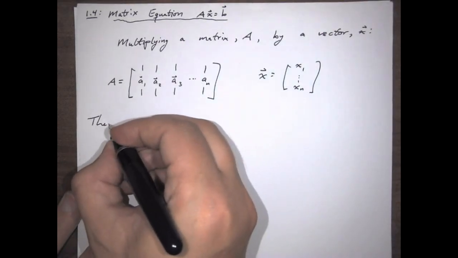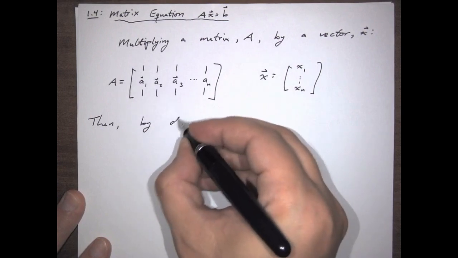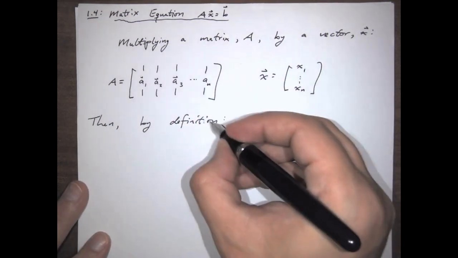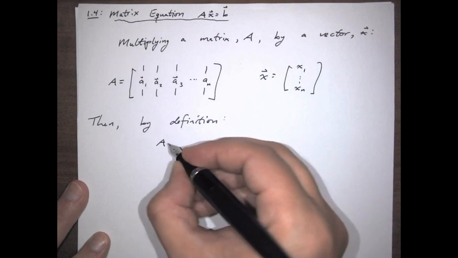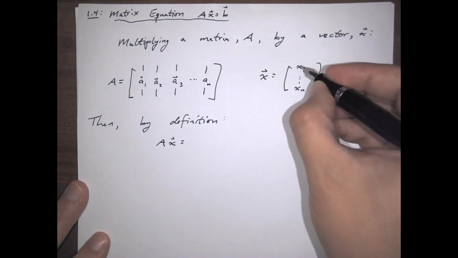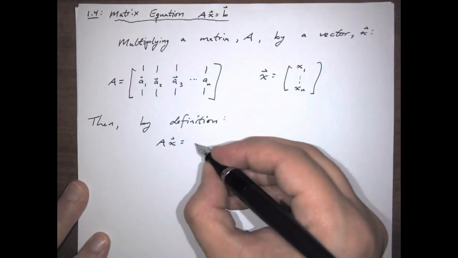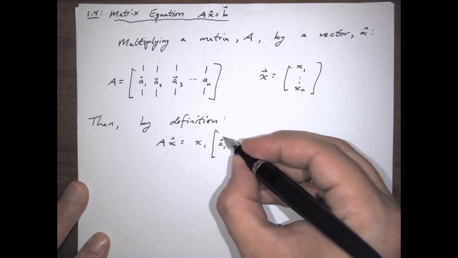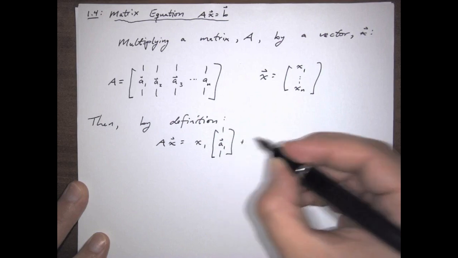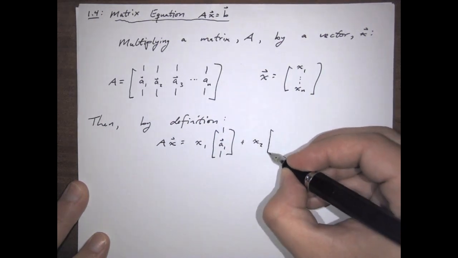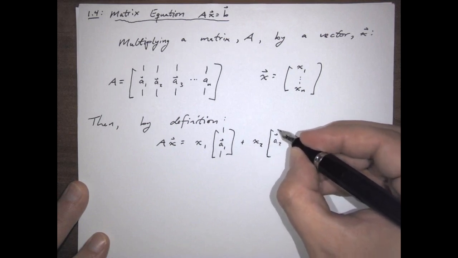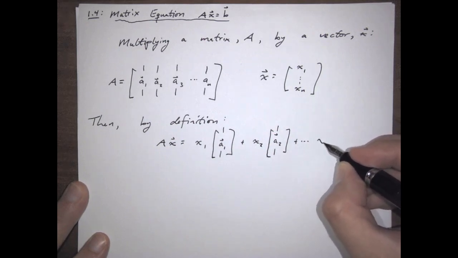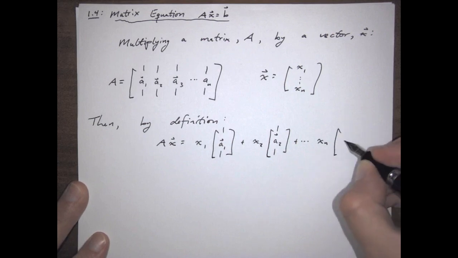Then, by definition, AX is going to equal x1 times A1 plus x2 times A2 up to xn times An.